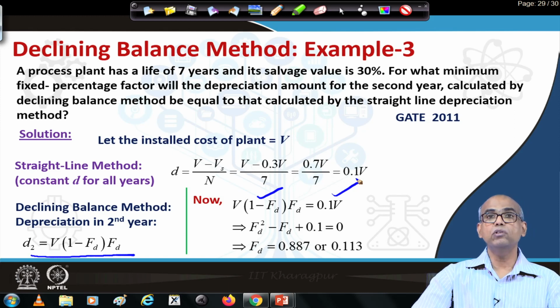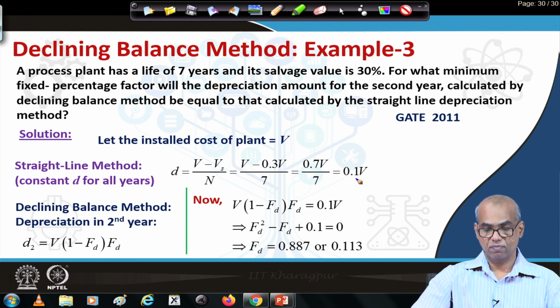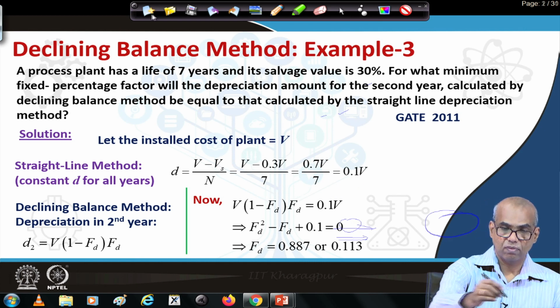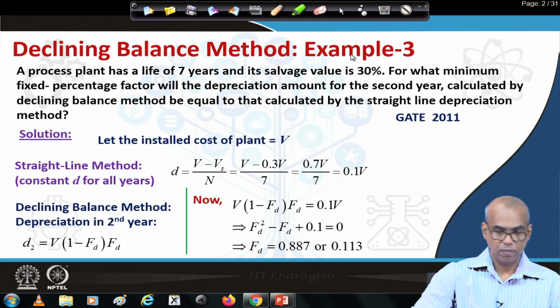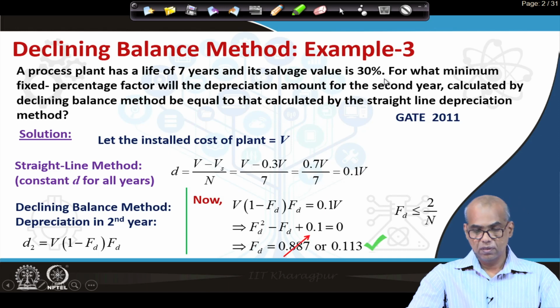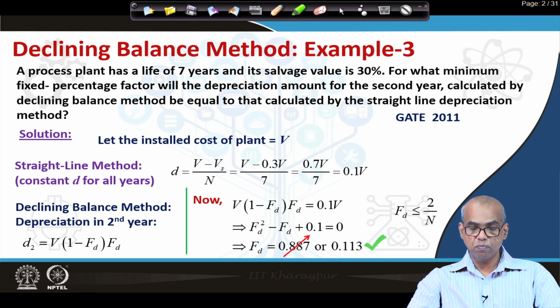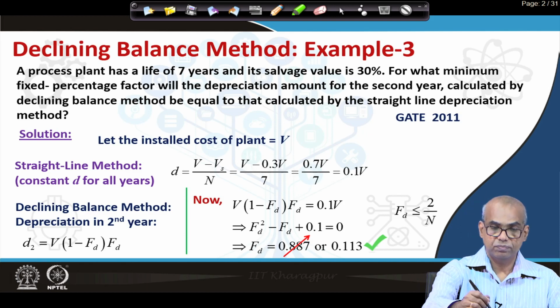FD is less than or equal to 2 by n, and n is 7 years. So, 2 by 7 is less than 0.3. So, FD must be less than 0.3. So, FD is 0.113.